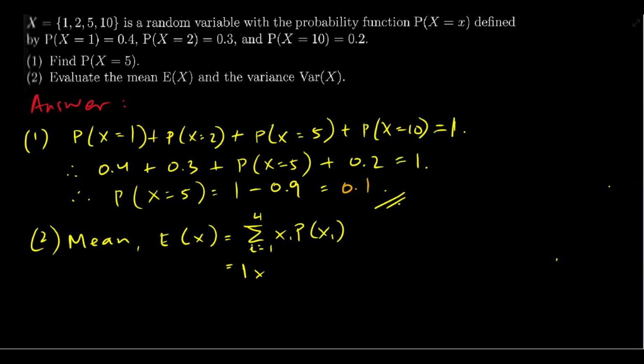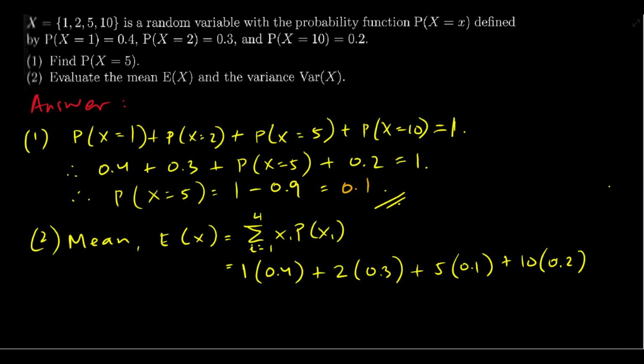Let me just write it down in brackets: 1 times the probability value 0.4, plus 2 times the probability value 0.3, plus 5 times the probability value of 0.1 that we just calculated, plus 10 times the probability value of 0.2.